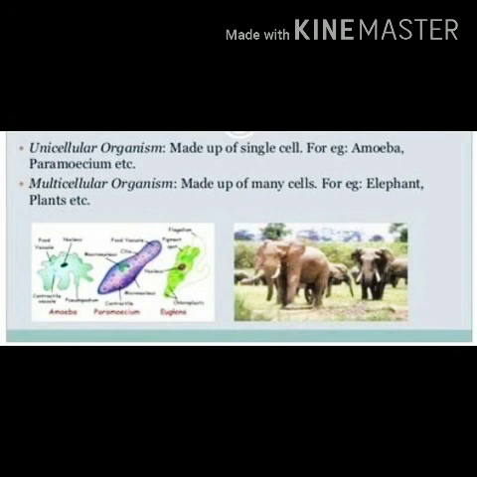And if we say the organism is multicellular, means it is made up of many cells. For example, elephants, plants, etc. Multi means many, cellular means cells. So if the organism is made up of many cells, more than one cell, then we call that organism in the group of multicellular organisms. So all the plants and animals belong to multicellular organisms.